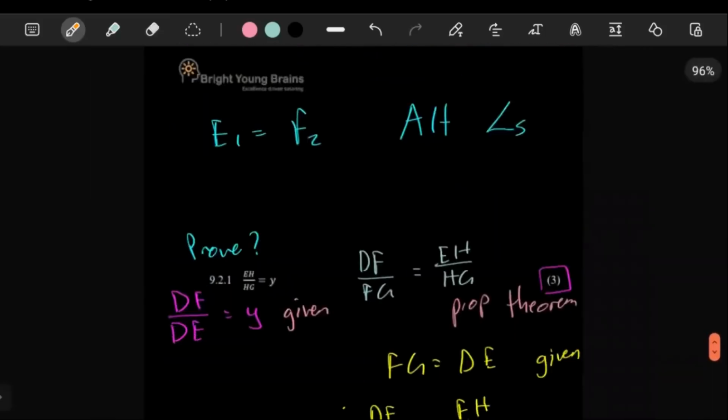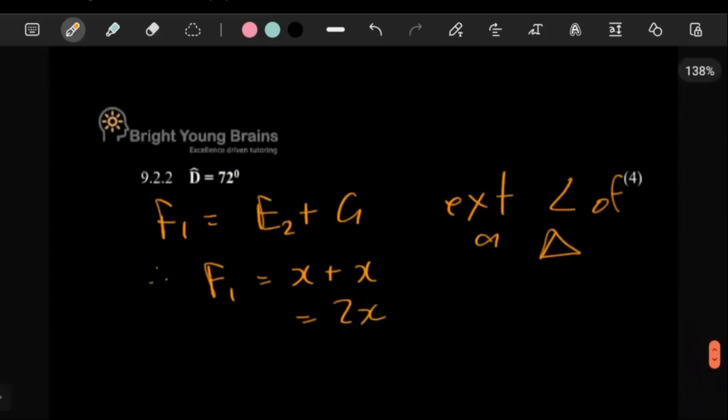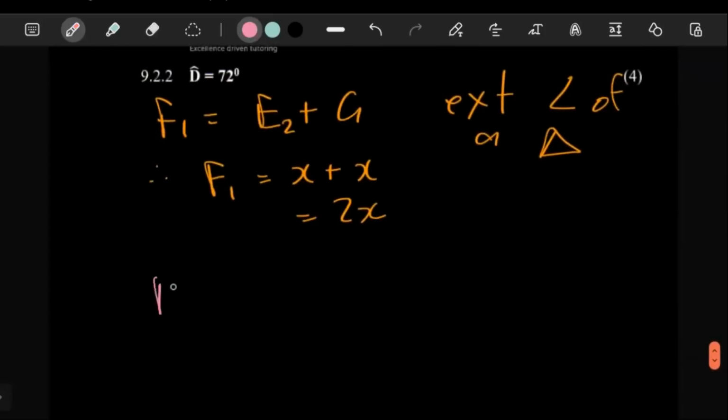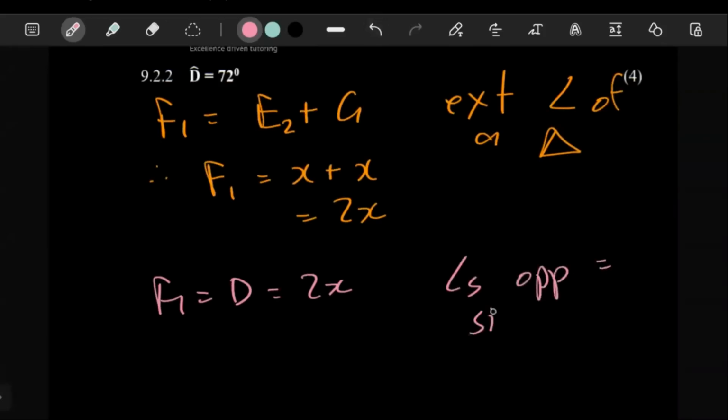Then we're going to tell them that F1 is also equal to D because they are angles opposite equal sides. F1 is equal to D, so it means it's also equal to 2x. The reason is angles opposite equal sides.